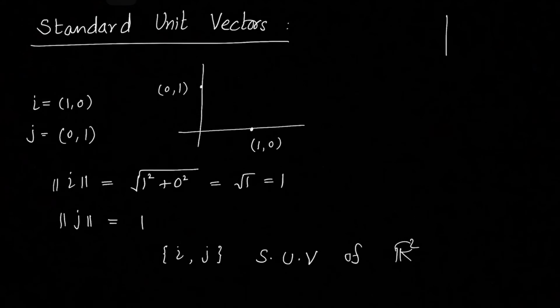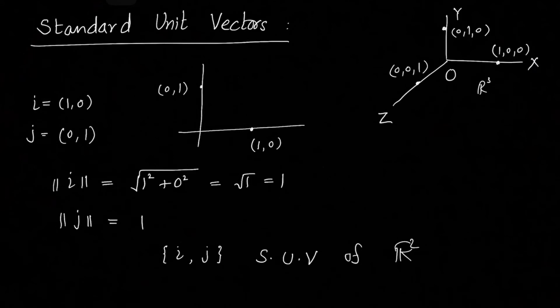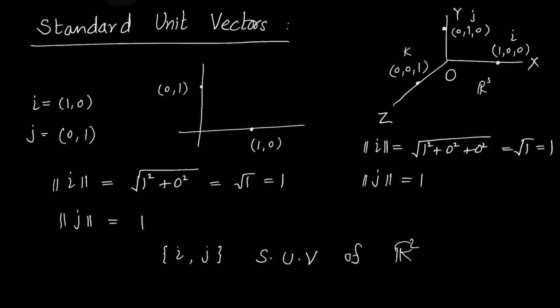Similarly, if we talk about R3, this point has the coordinates 0, 0, 1. So we denote them by i, j, and k. If you find the norm of i, similarly you can find the norm of j, which will be 1, and the norm of k, which is 1. So we say that i, j, and k are the standard unit vectors in R3.